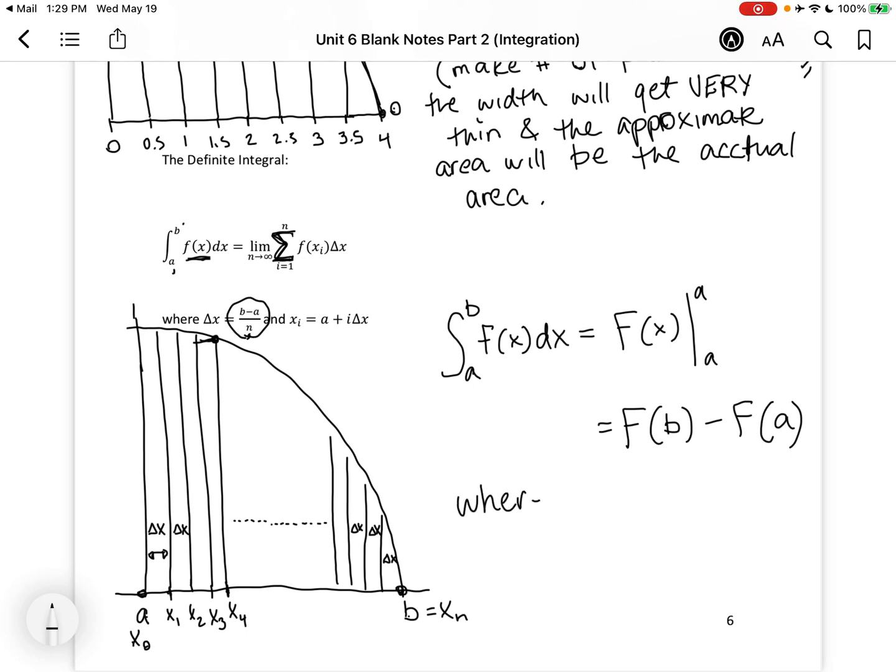Okay? And that's where capital F of x is the antiderivative of f of x.